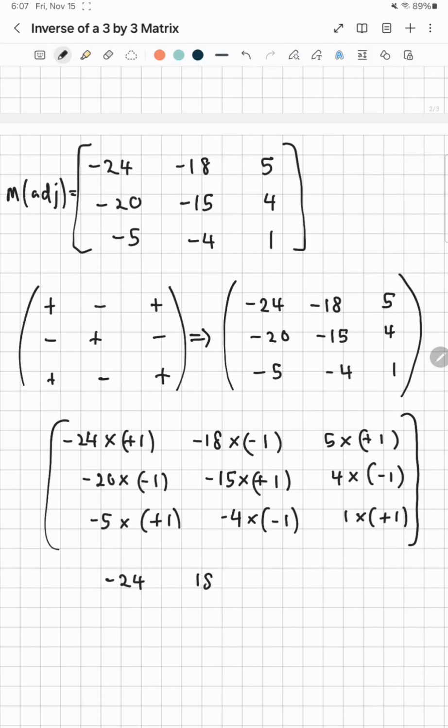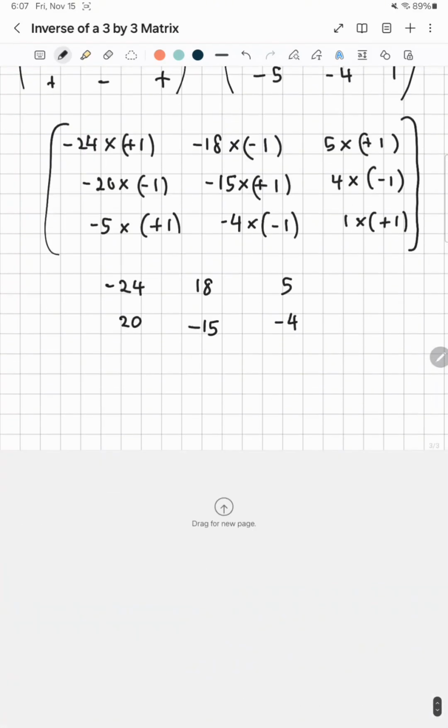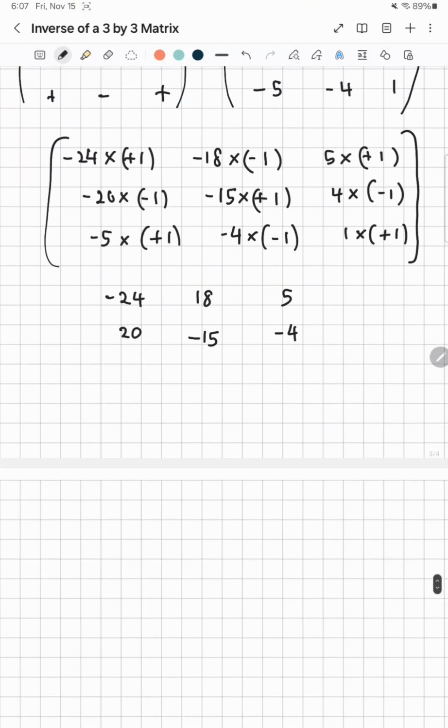Okay, and now you can write down your final matrix after you've multiplied it with the symbols.